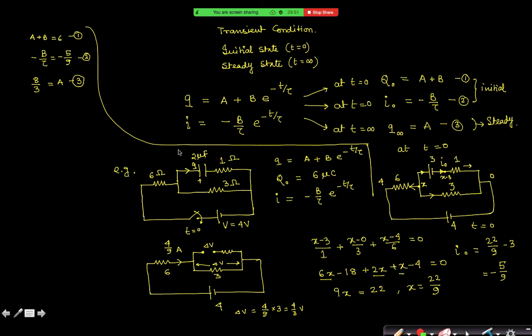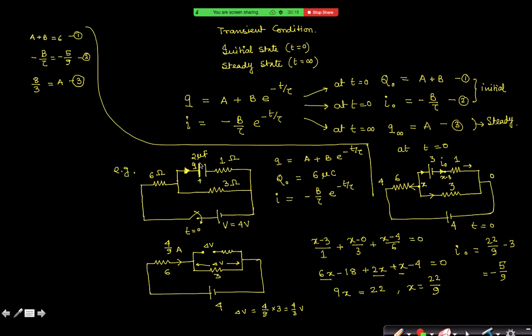Whatever is the plate, it may happen that while connecting this capacitor, the initial charge on this plate is minus. That does not matter. If the initial charge on this capacitor is minus in this plate, then also you will take this current to be positive. Why? Because you are trying to find the charge on this plate.